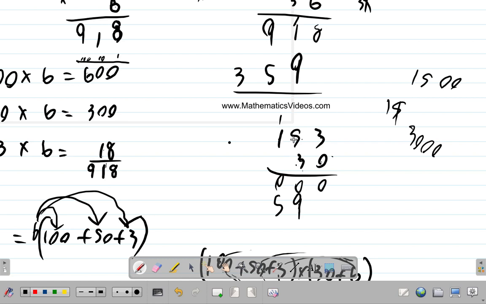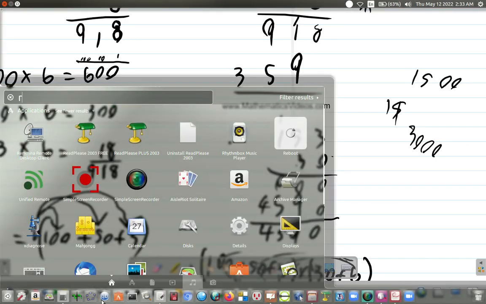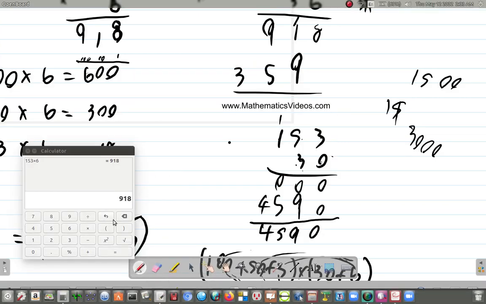Plus 1000, 3000 plus 1000 is 4000. So what you have here now is 30 by 153, 4590.